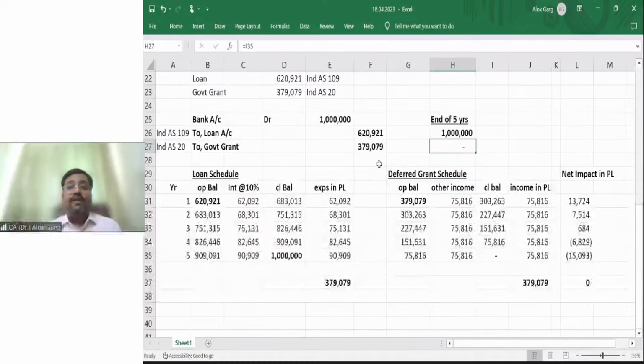When the liability becomes zero, it means you have to debit the liability and credit the other income, right? When the liability increases, you will have to credit the liability and debit the expense, right? Is that clear, Tushar?